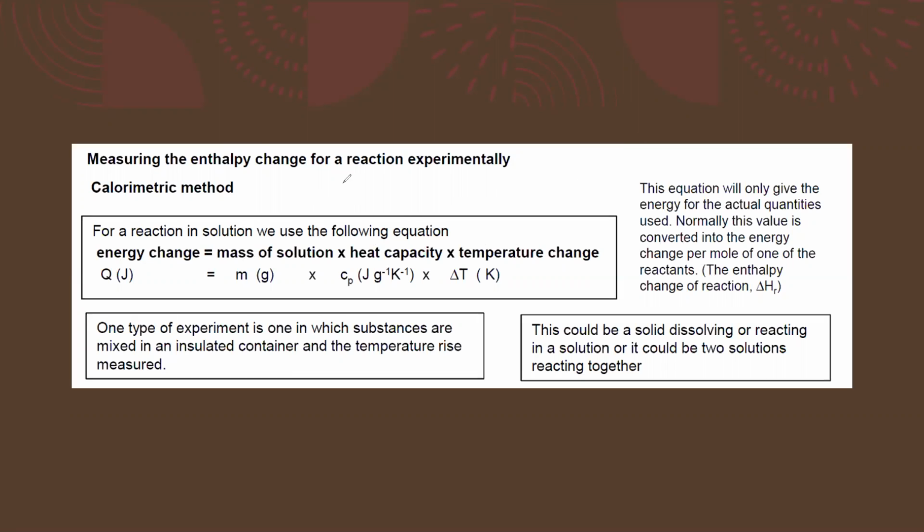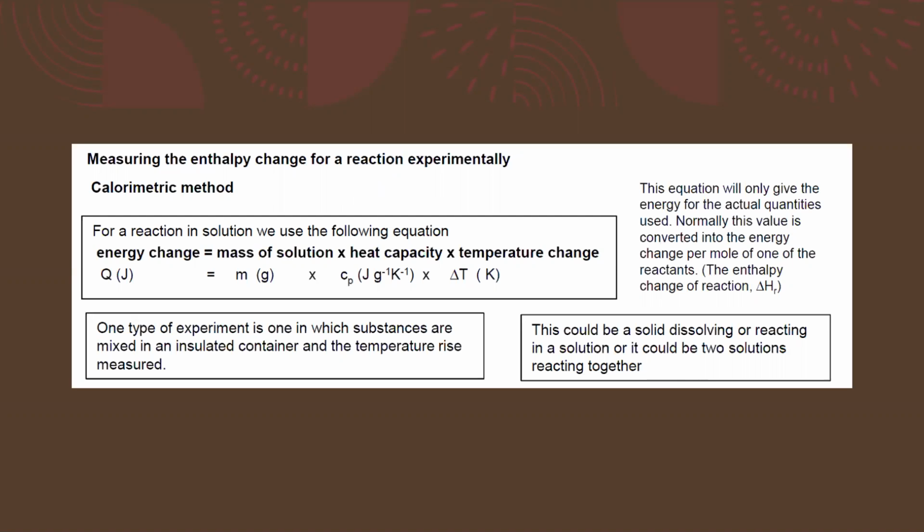So we can use this formula from physics. Energy is equal to Cm delta T: specific heat multiplied by mass multiplied by temperature change. We can find how much energy is absorbed by the water during a chemical reaction. And using this, the energy absorbed by the water divided by the number of moles gives the enthalpy change per mole.